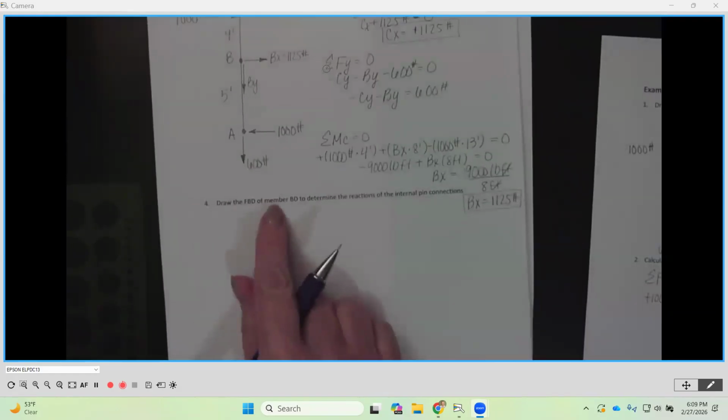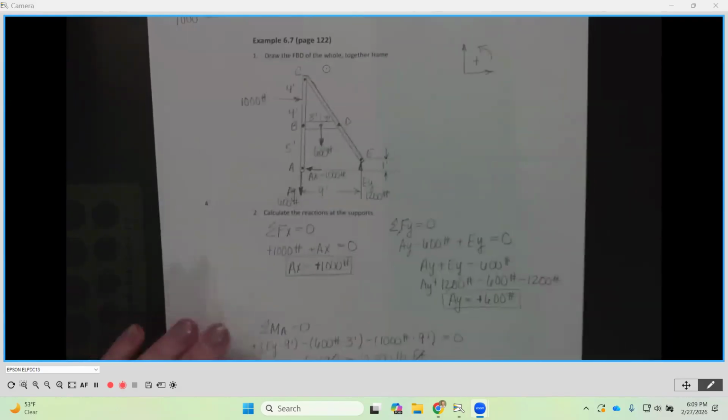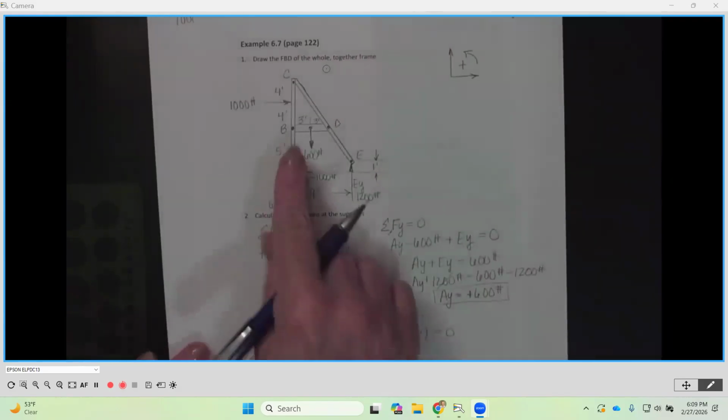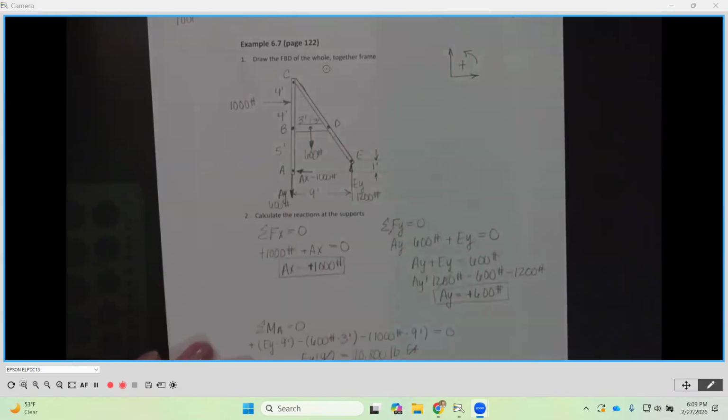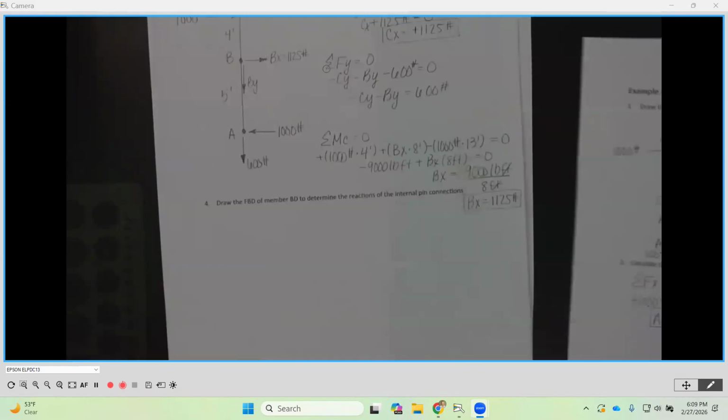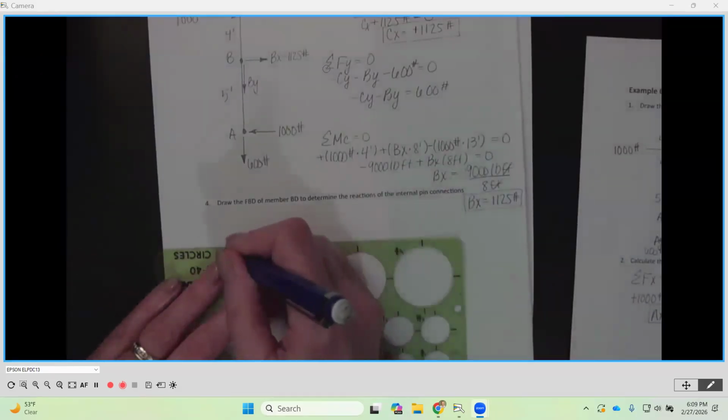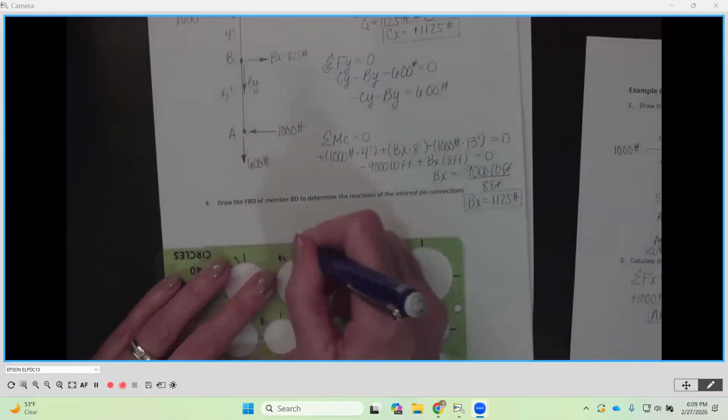All right. So now we're going to draw the next member. And the next member that we're going to look at, and it could be either one, quite honestly, is going to be that horizontal member BD. Okay, BD. So we're going to draw the free body diagram of it. And it is simply a horizontal line.